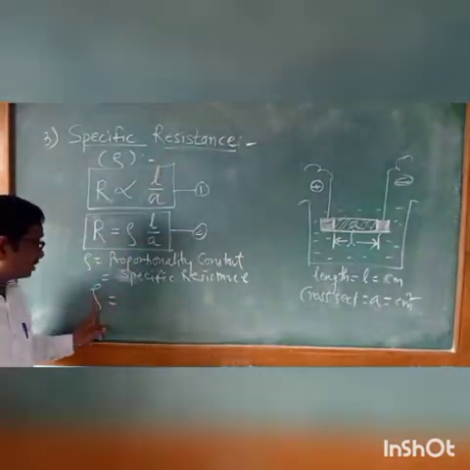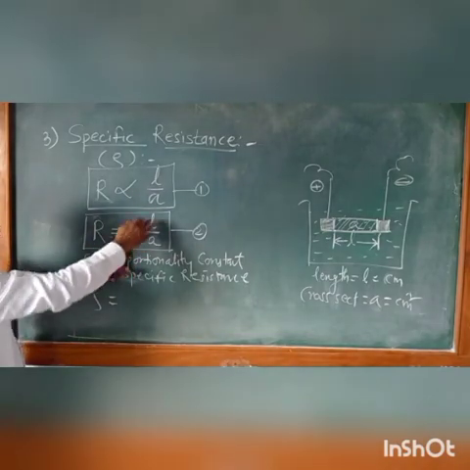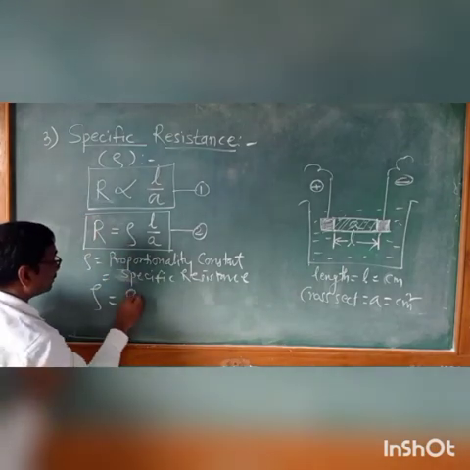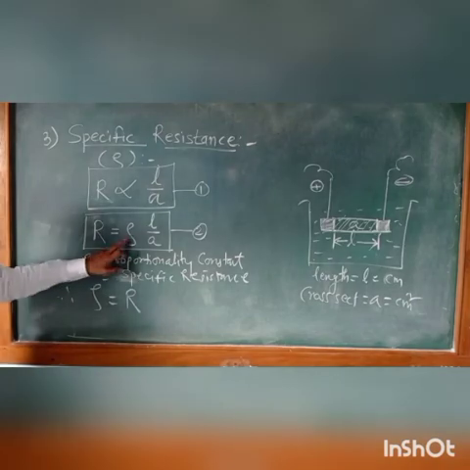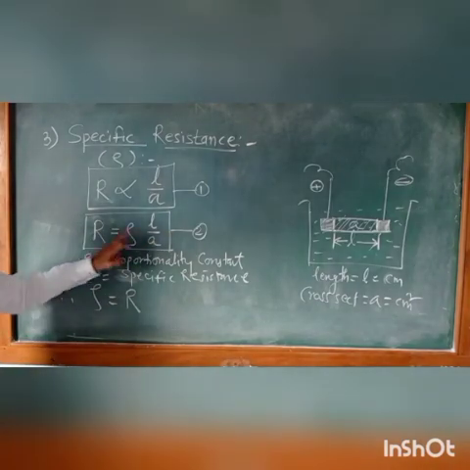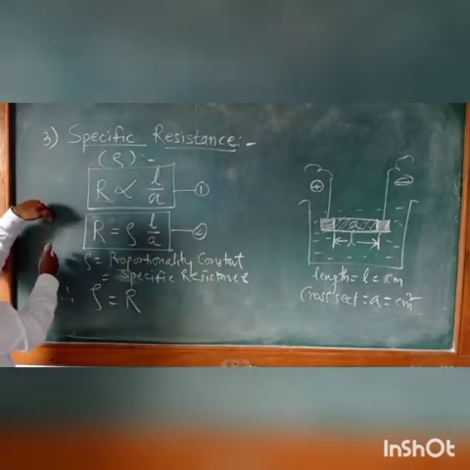So rho is equal to R, which remains as it is, and L upon A will get multiplied to R. So R as it is, we are finding rho from equation 2. So rho is equal to R into, this will change when it comes to this side.